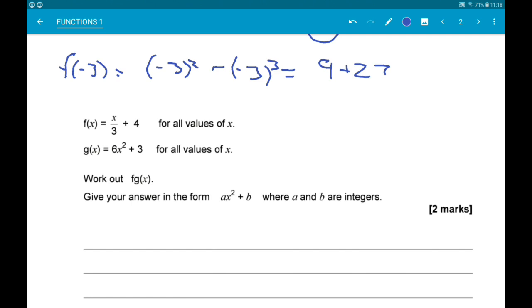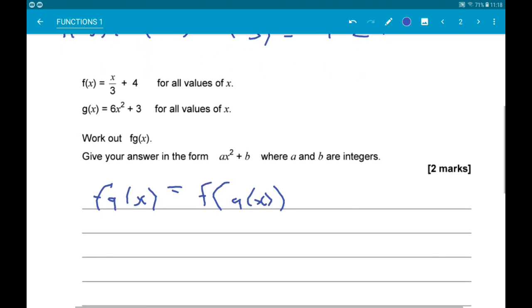Okay, so f g of x means f of g of x. So, wherever there is an x in f of x, it becomes 6x squared add 3.